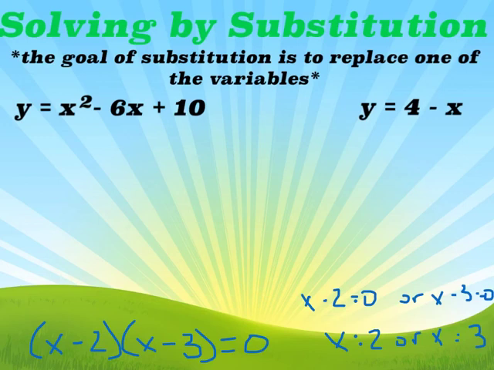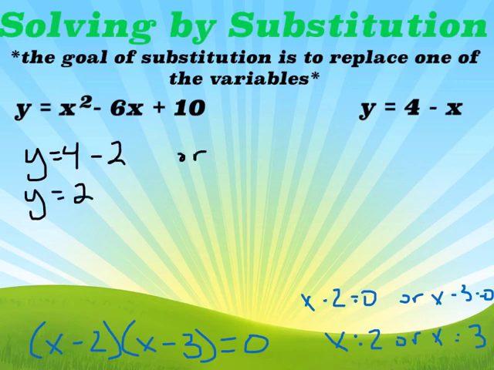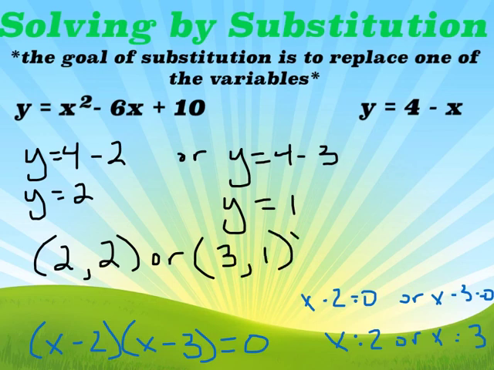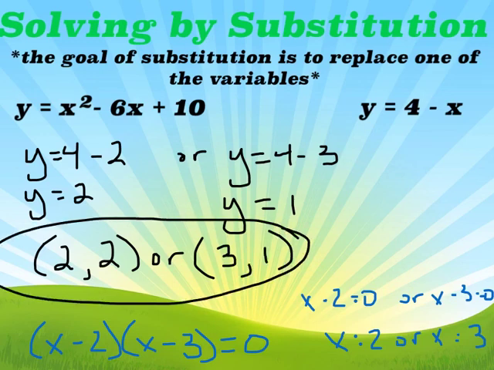That seems to be the easiest one, and plug in my x values. y equals 4 minus 2, so y equals 2. Or y equals 4 minus 3, so y equals 1. Our solutions need to be written as ordered pairs. The first ordered pair would be 2, 2. The second ordered pair would be 3, 1. And that is our solution set.